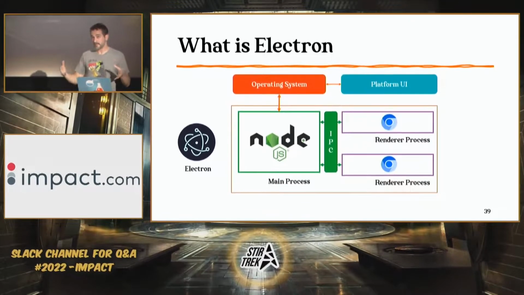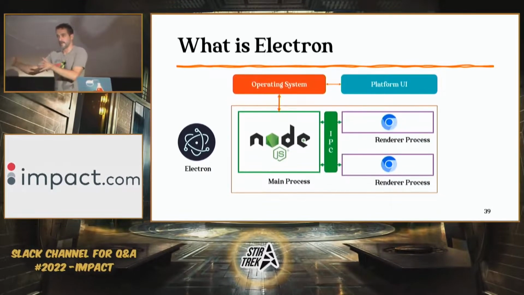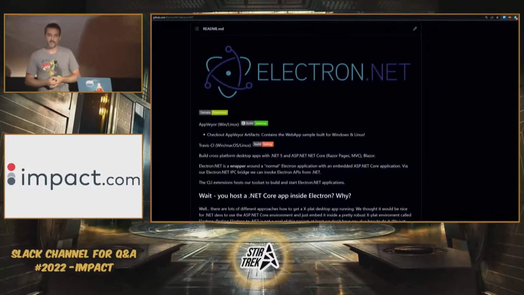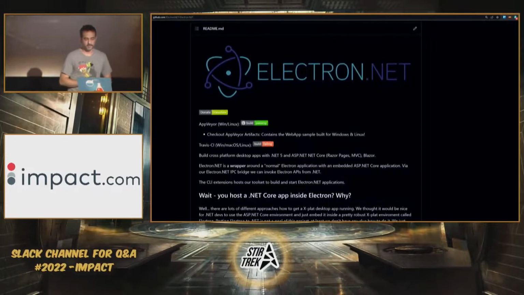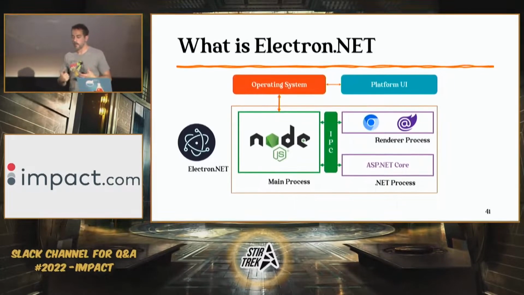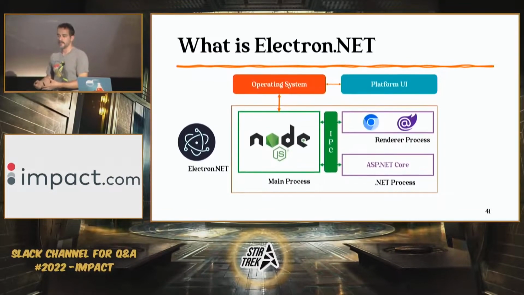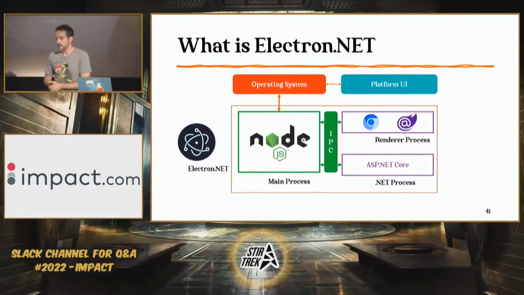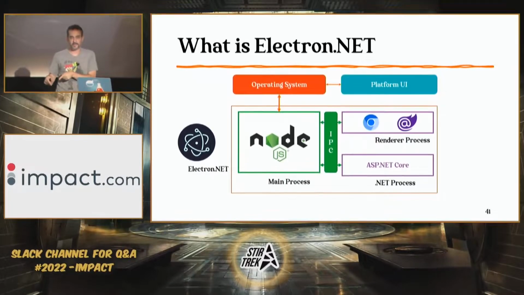This is nice, but this requires JavaScript, and I'm trying to stay away from that. I'm a .NET developer. So there's a project out there called electron.net. Now, electron.net is an Electron app that has a .NET Core host inside. So now I have my Electron app, I have my node process, I have my render process with Chrome that I can run Blazor applications from, but I also have a .NET Core process, and this is a full .NET Core process.